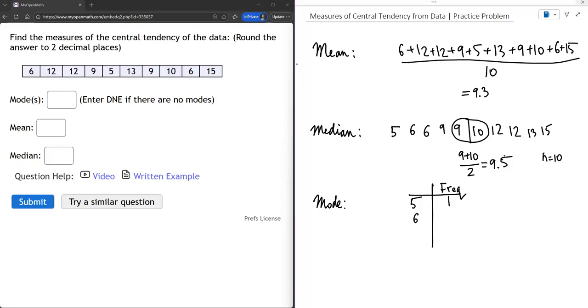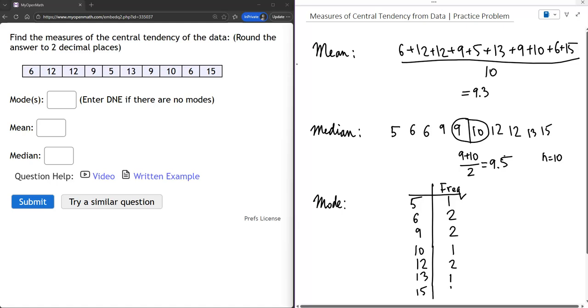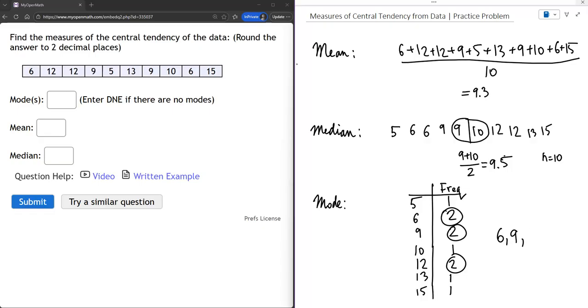The frequency of 5 is 1, the frequency of 6 is 2, the frequency of 9 is 2, the frequency of 10 is 1, the frequency of 12 is 2, the frequency of 13 is 1, the frequency of 15 is 1. The highest frequency is 2, and observations that have the highest frequency are what we call a mode or modes. And so there are 3 modes altogether.